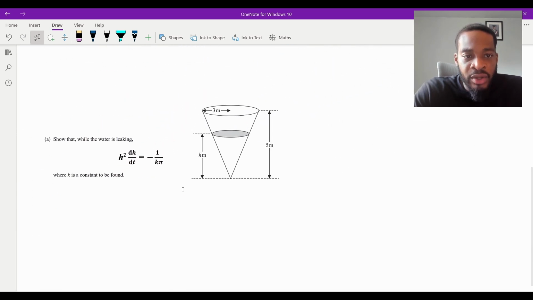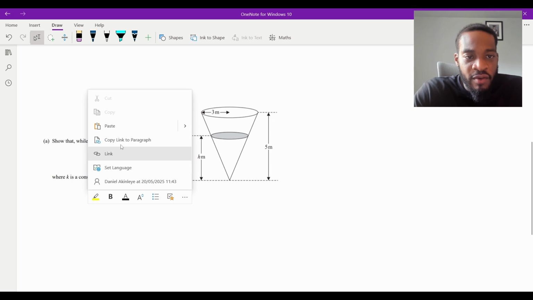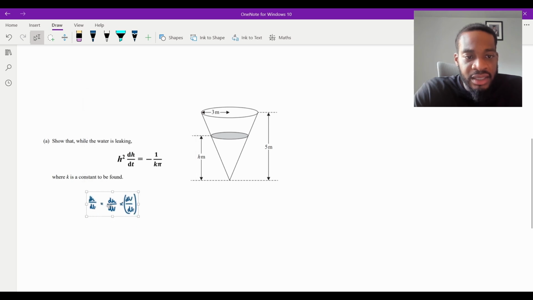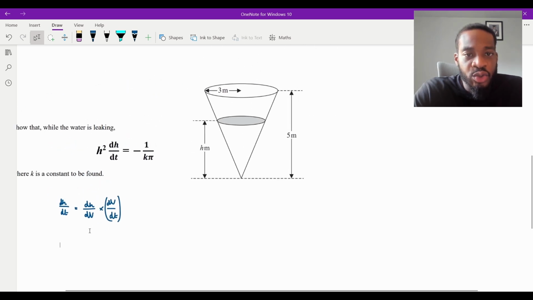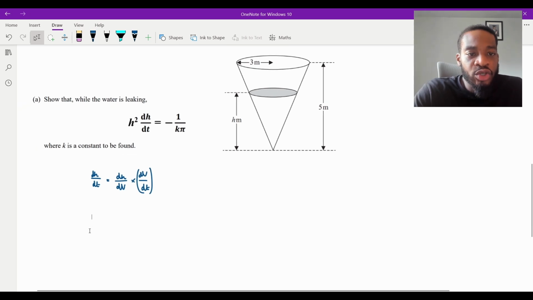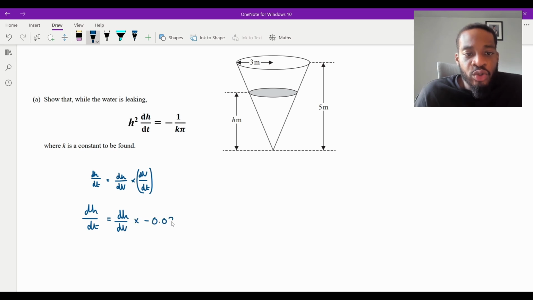Perfect. Okay, so remember what we're trying to show? We've now figured out that dV/dt is minus 0.02. So I'm going to put that in. I'm going to say dh/dt is going to equal dh/dV multiplied by minus 0.02, the rate of change of the volume with time. Now, what's left to figure out is dh/dV. I need a formula that connects the height and the volume together.